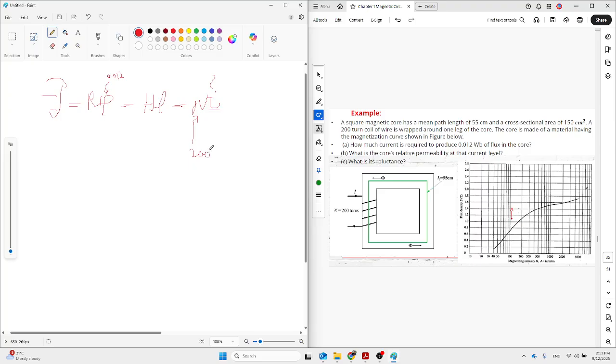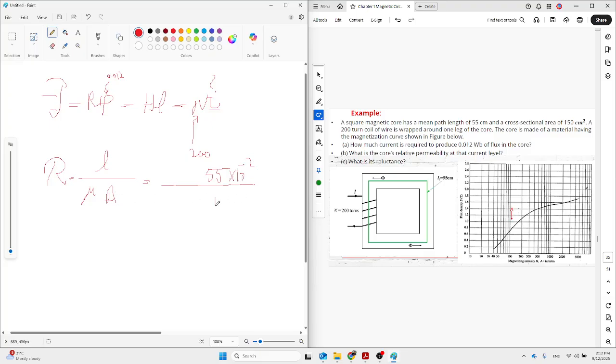So the easiest way is to calculate the reluctance R. As we know, it is L over mu times A. L we know is 55 centimeter, so 55 times 10 to the minus 2.